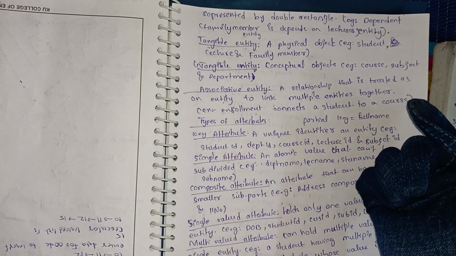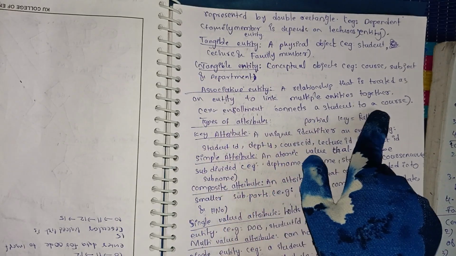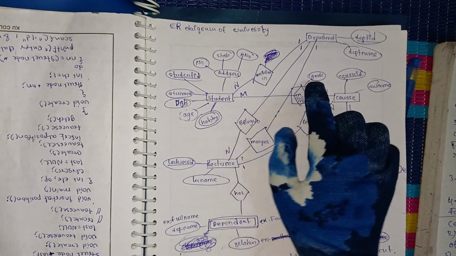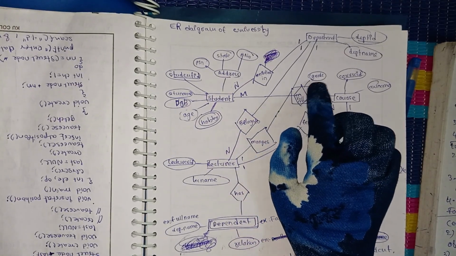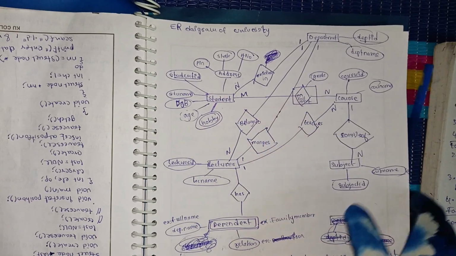An example is enrollment, which connects a student to a course. So here enrollment is an associative entity which has its own grade attribute.